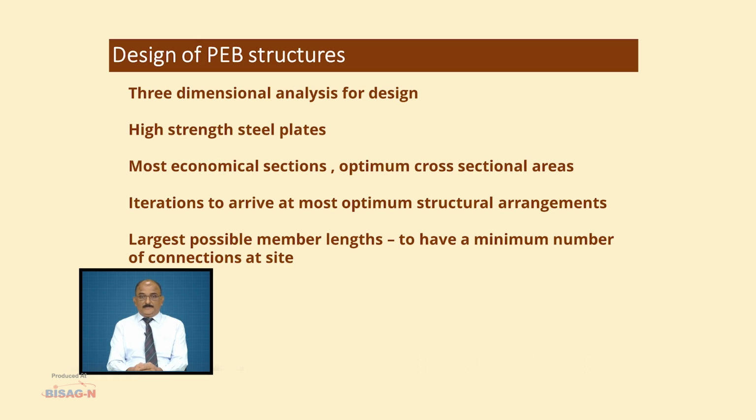In the case of PEB, we are using high strength MS plates having a strength of at least 345 MPa, 345 Newton per millimeter square, or even higher strength. Nowadays up to 400, 500 MPa steel plates are available and are being used.